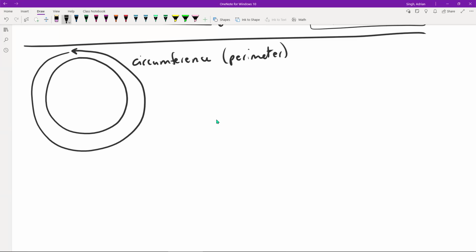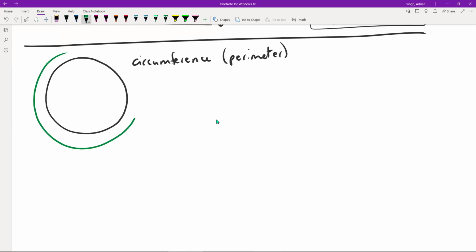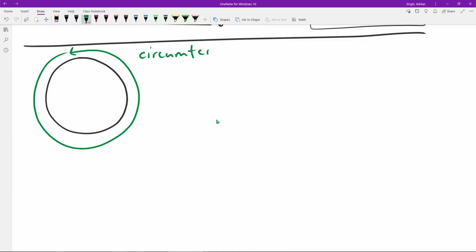Let me do this in a different color so we can distinguish and differentiate that. So this here is the circumference, and we'll do that for the perimeter as well. Distance all the way around that particular object.